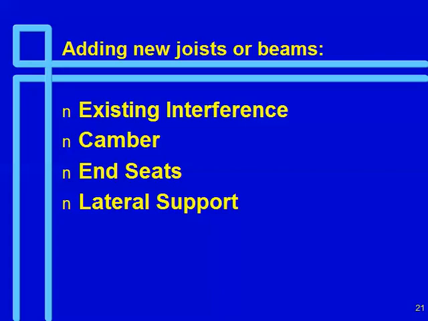What's there? Okay? The second thing I think about if I'm going to add a joist is the camber on the joist. You don't want to order a new joist from the joist manufacturer that has camber in it. You want no camber, because the facility you're reinforcing, the camber's gone.